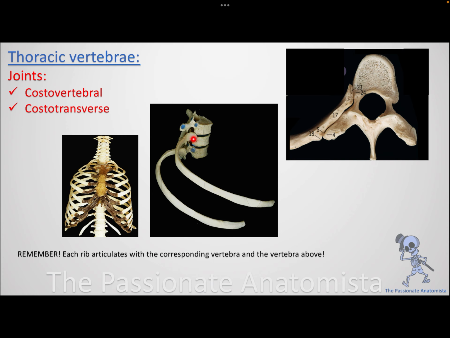One joint is between the head of the rib and the body of the vertebra, and the other is between the tubercle of the rib and the transverse process of the thoracic vertebra. The one between the head and the body is the costovertebral joint, and the one between the tubercle and the transverse process is the costotransverse joint. Costo means rib, vertebral is the body, and transverse is the transverse process.